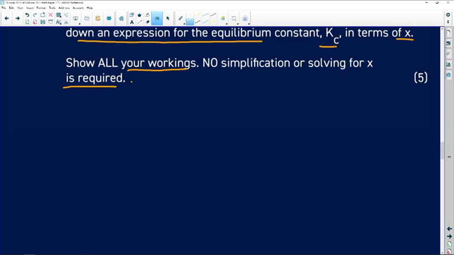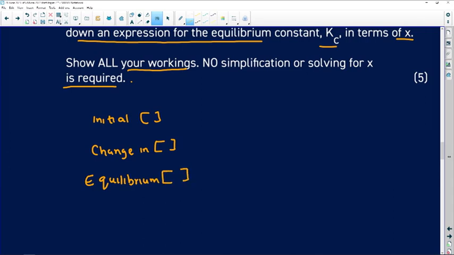In our table, we have the initial concentration, the change in concentration, and also the equilibrium concentration.